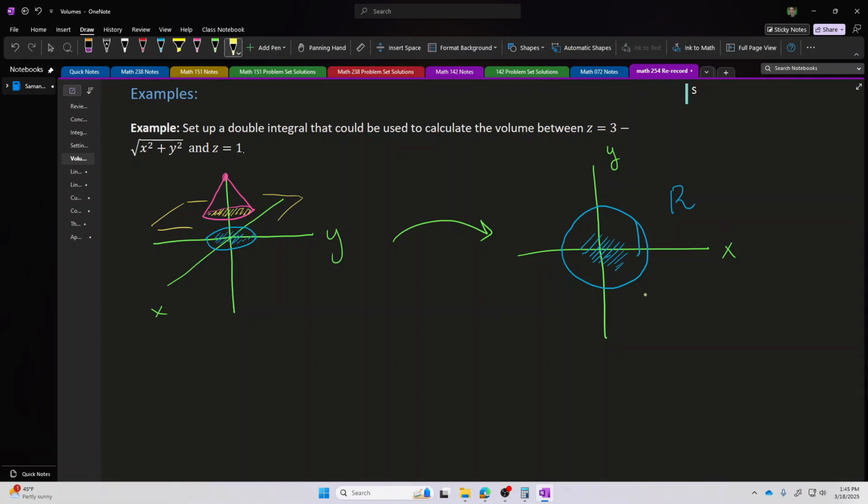To determine the radius of the shadow, I'm going to look for the place where the cone and the plane intersect, because where the cone and the plane intersect in this picture will correspond to this outer rim of the volume, and that in turn will correspond to the outer rim of the shadow.